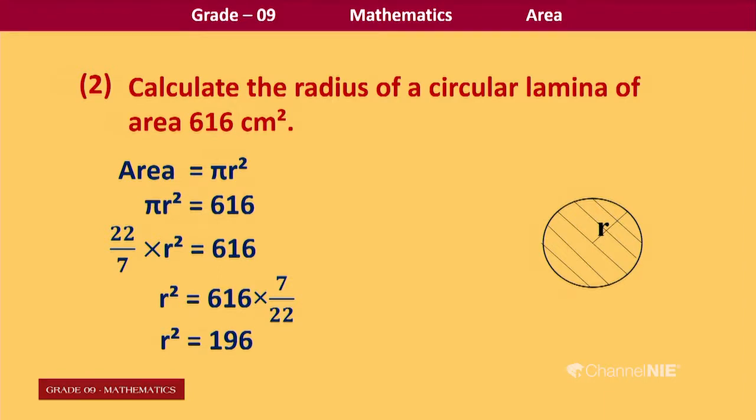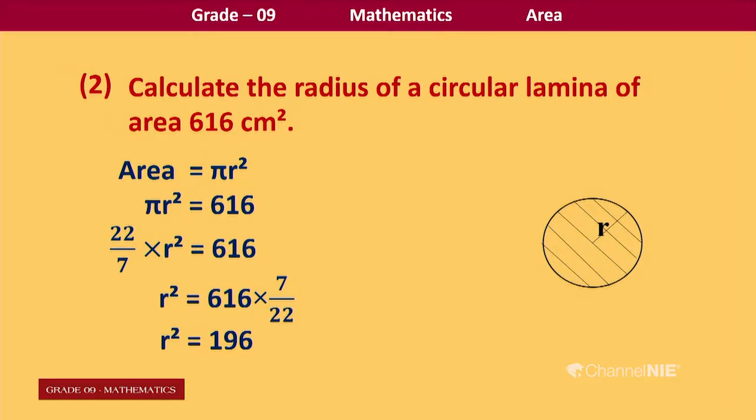How many 11s in 22? 2. How many 11s in 61? 5, 55, remains 6. Then you have 66 over 11, which means 6. 56 multiplied by 7 is 196. Now r squared is equal to 196.